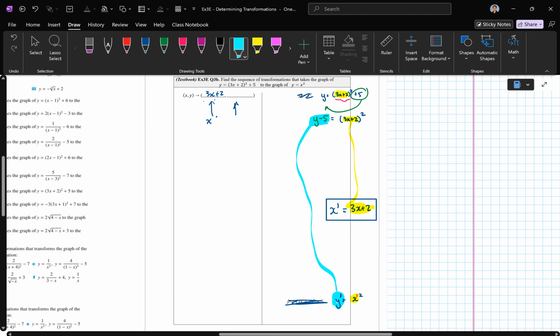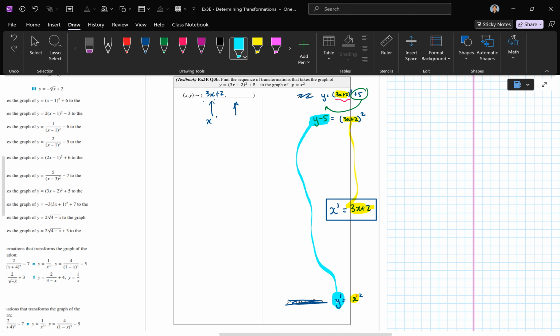I'm doing a comparison. So I look at this and I say, well, that's squared. What am I replacing in the square? I'm replacing with x dash. So that means x dash is equal to 3x plus 2. Here, I've just got a y value. There's no extra numbers on the side. So this y dash is replacing y minus 5. I can't leave that 5 there because they're not the same by comparison. So by moving the 5 across, these two are now the same.